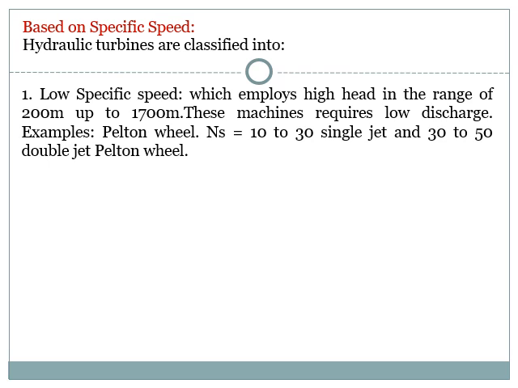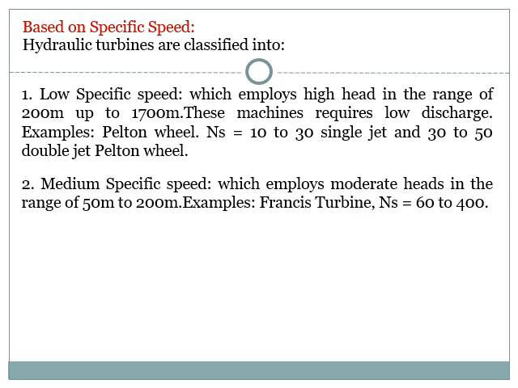The example is the Pelton wheel turbine. Here the specific speed is in the range of 10 to 30 for a single jet. In case a double jet is used, the specific speed ranges from 30 to 50. Second one is medium specific speed, which employs moderate heads in the range of 500 meters to 200 meters. The example for that is the Francis turbine.